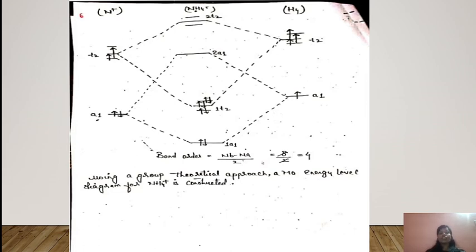The Walsh diagram explains the approximate shape of molecules without considering repulsion, by correlating the molecular orbital energy levels with the molecular symmetry to predict the actual shape, not on the basis of repulsion. Actually it is a modified form of VSEPR theory. That is how we can differentiate between VSEPR theory and the Walsh diagram.